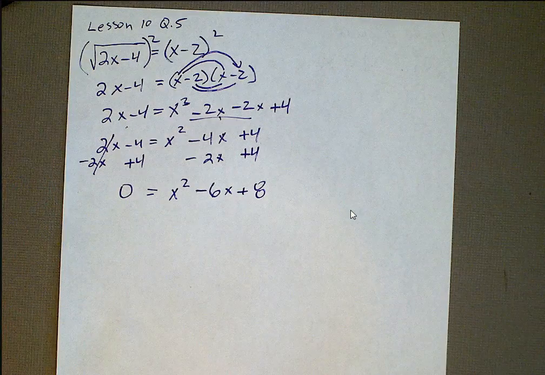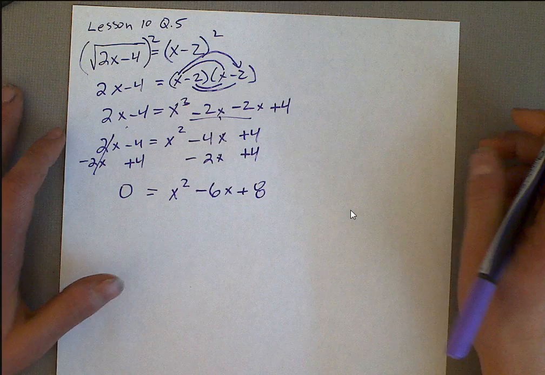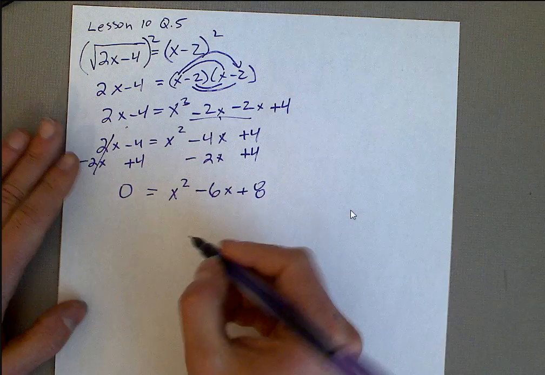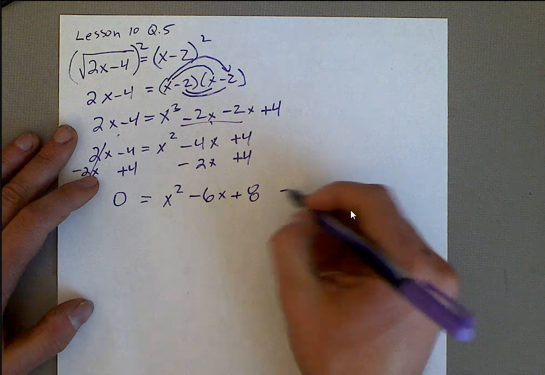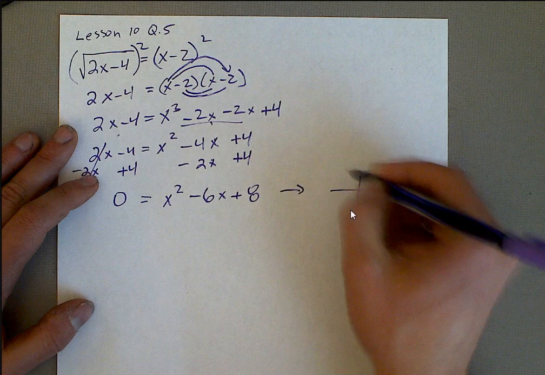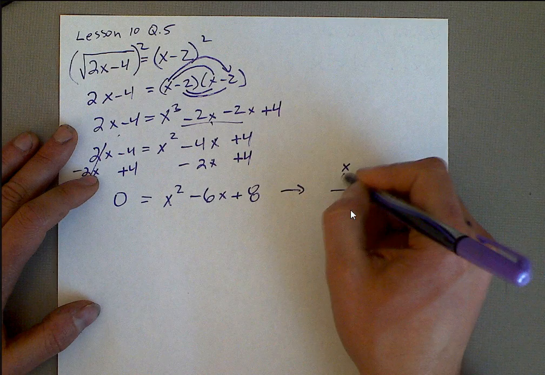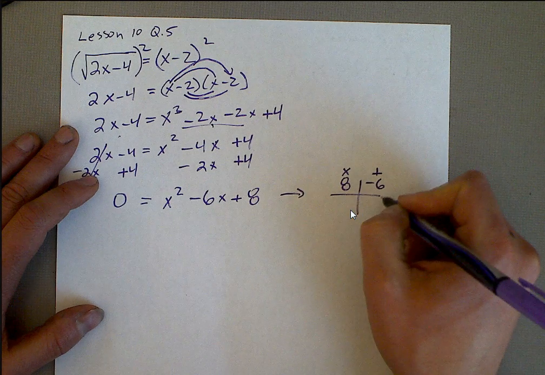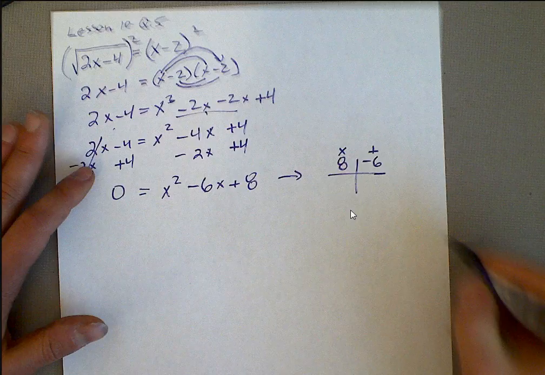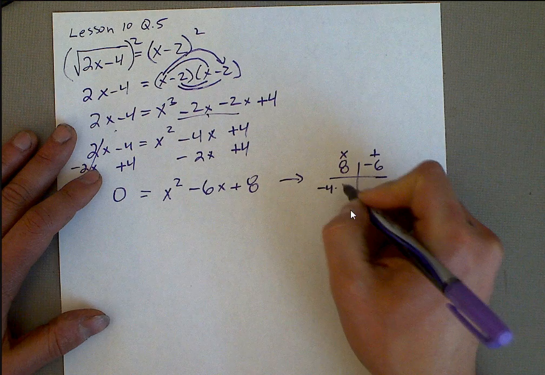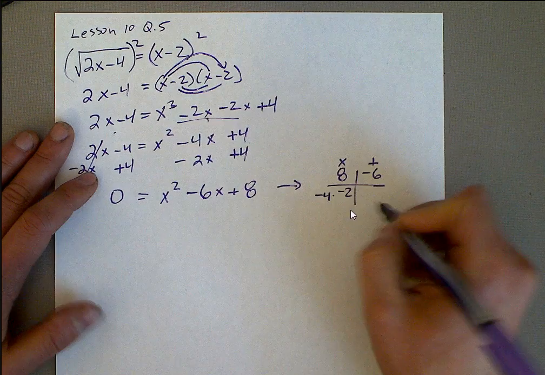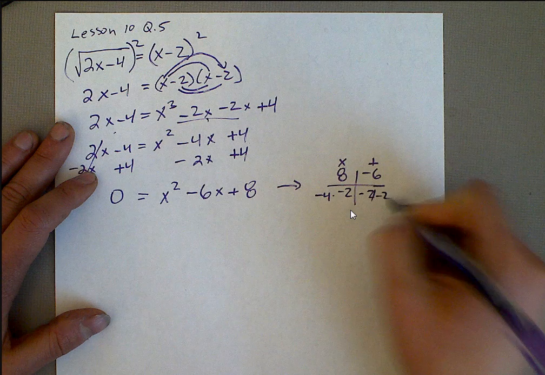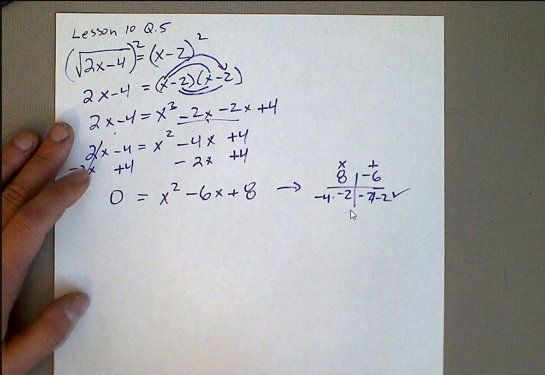So now that we have 0, we can try to see if it's factorable. So let's make a t-chart. Can you find a number that multiplies to 8 and at the same time adds to negative 6? And the two numbers that can do that are negative 4 and negative 2, because negative 4 minus 2 is negative 6.